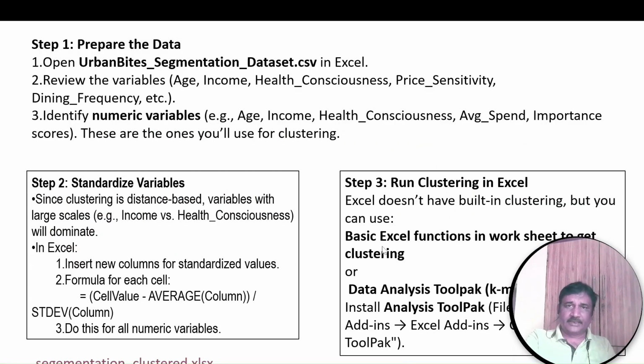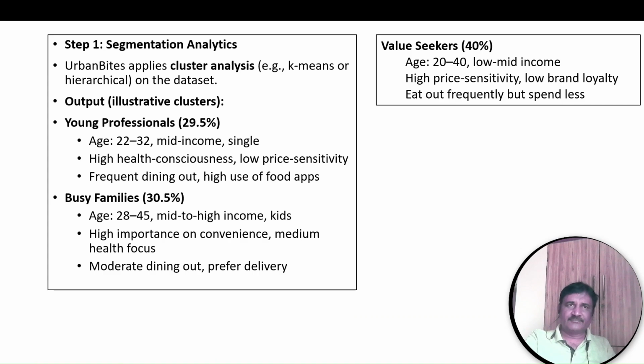Then run the clustering algorithm. You have run it, you have got the clusters, right? Now comes segmentation. By observing and studying the clusters, some clues will be given. Earlier the data was mixed.